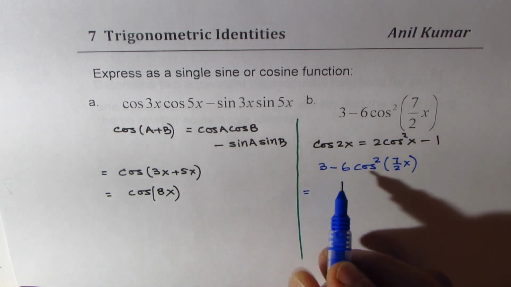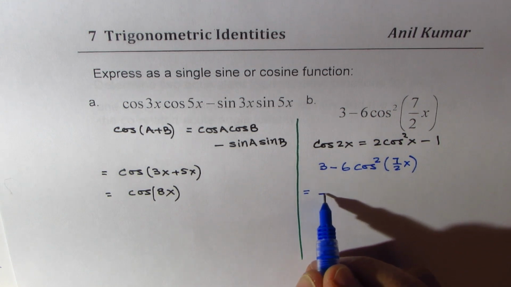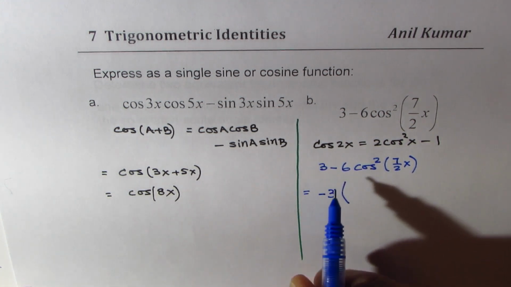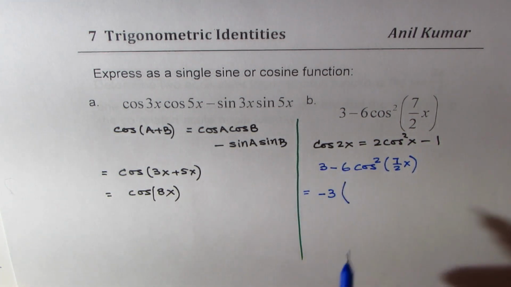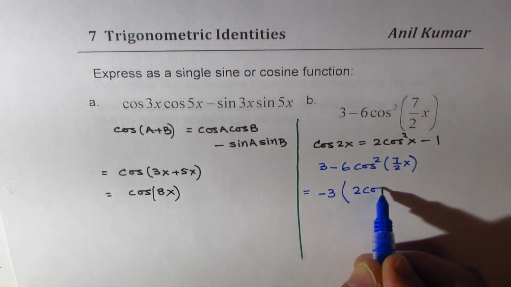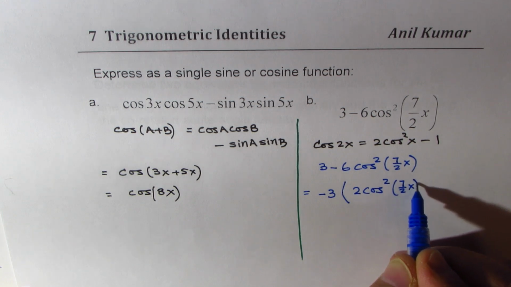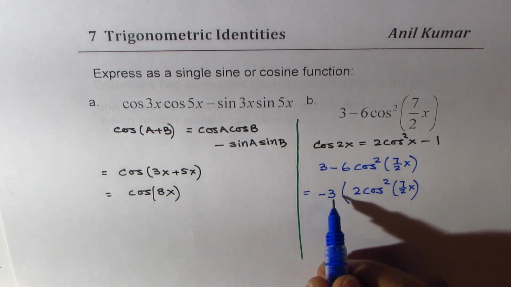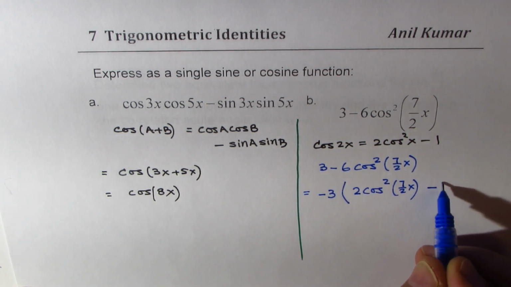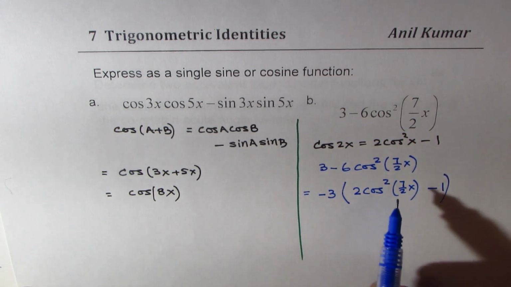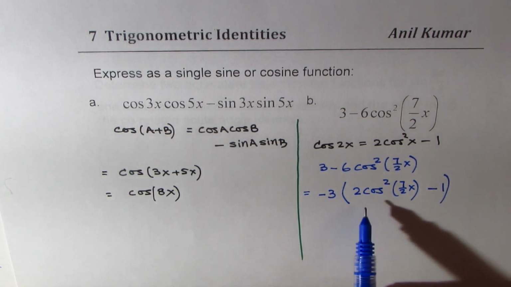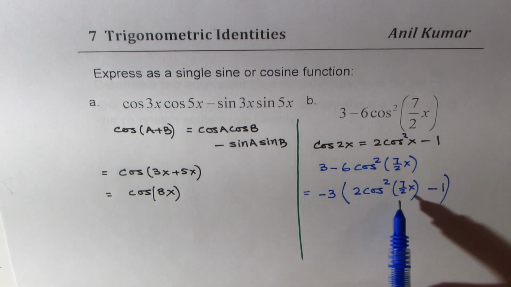So if I factor minus 3, what I get? This becomes positive 2 cos square 7 over 2 x, correct? And since I factored minus 3, I'll have to write this as minus 1. Now inside function is 2 cos square x minus 1 times.